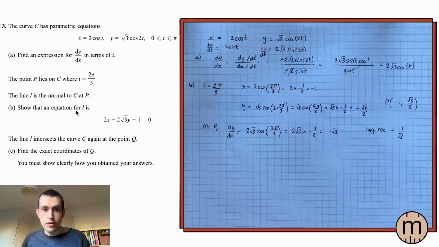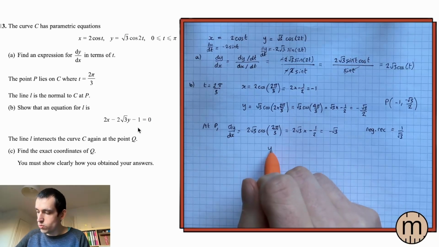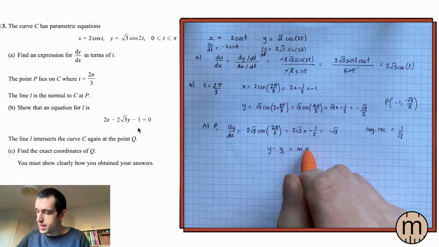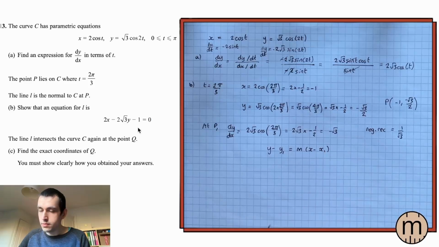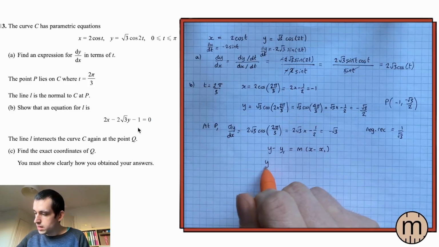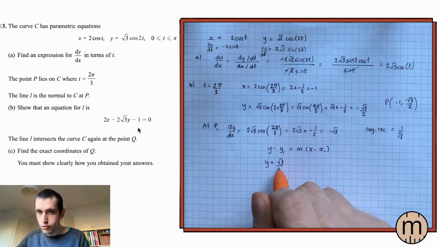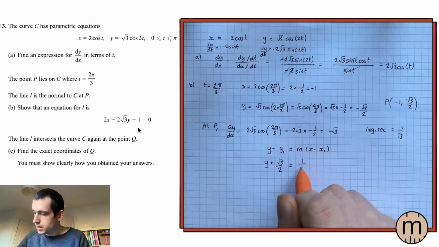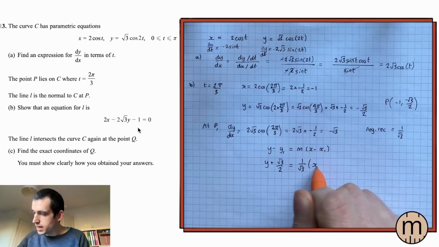Now we need to show that the equation for line L is what's given. Well, this is just y minus y1 equals m times x minus x1. Feel free to use y equals mx plus c as well, if you prefer. So y plus root 3 over 2 is equal to 1 over root 3 times x plus 1.